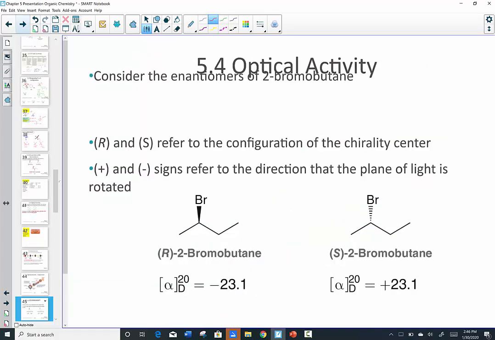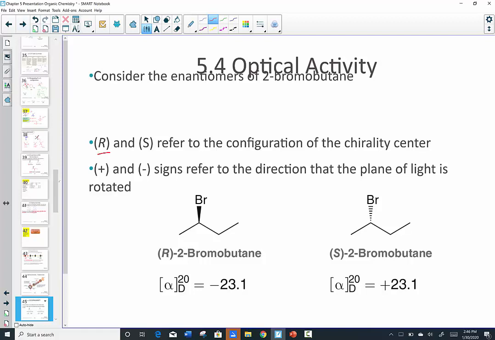So chiral compounds are optically active. An important note: optically active does not mean I can tell if it's going to spin R or S, or if it will spin positive or negative. They're not correlated. But I can tell you that enantiomers spin light equally, but in the opposite direction.